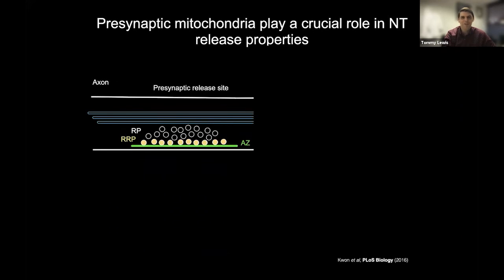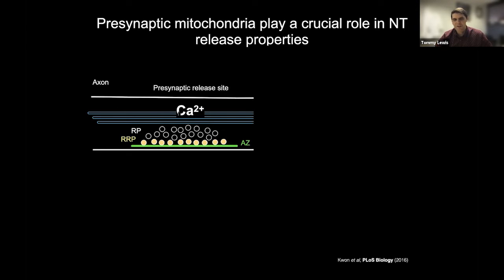We started to get some clue about this when we started to think about the calcium handling ability of the mitochondria. Dr. Kwan had shown previously in my postdoctoral lab that when the action potential comes down the axon, it triggers the opening of voltage-gated calcium channels in the membrane, and this leads to an influx of calcium into the presynaptic site.